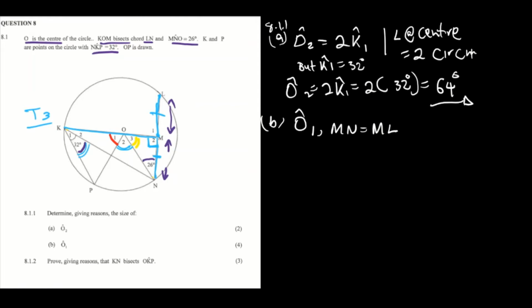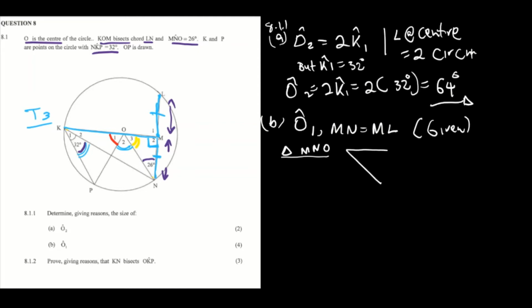So we basically said MN is equal to ML, right? So the reason can be given. You say given due to the diagram. And then now looking at the diagram, triangle MNO, which is this triangle that looks like this.